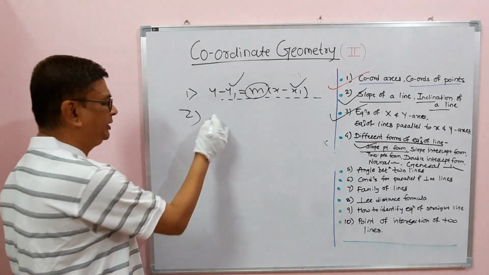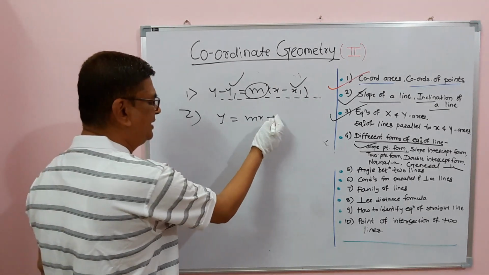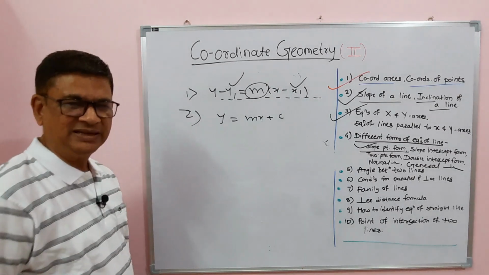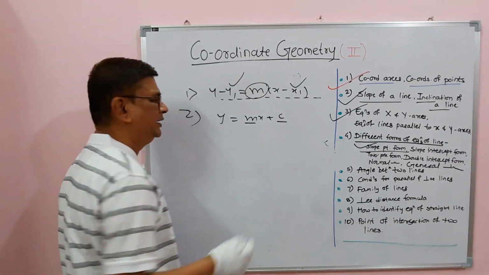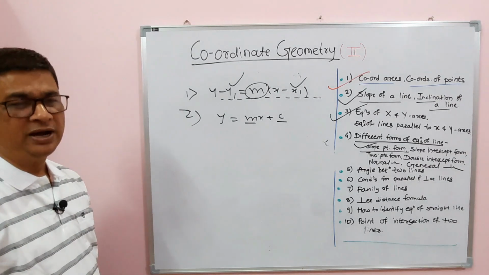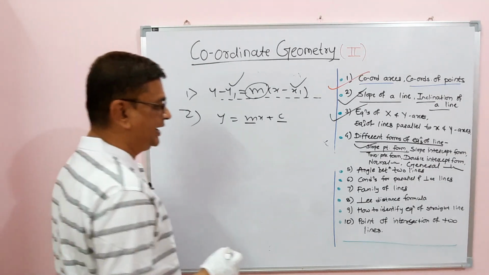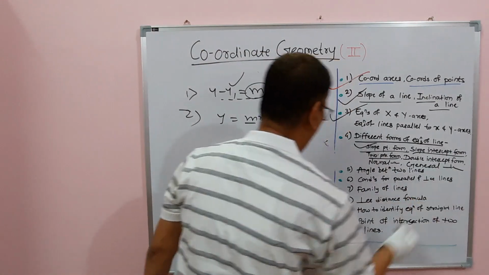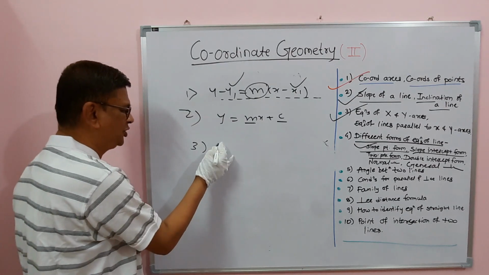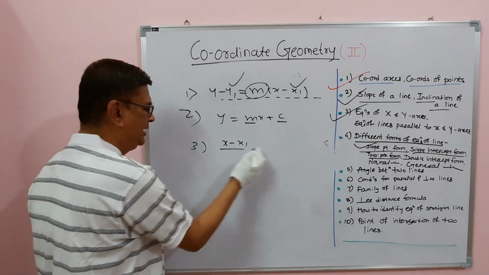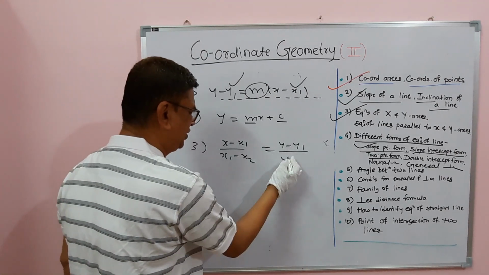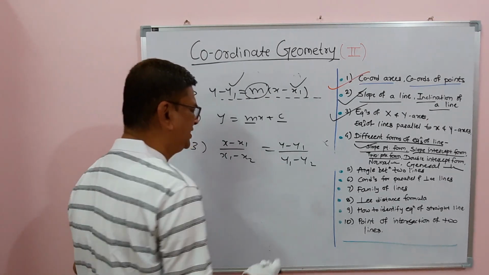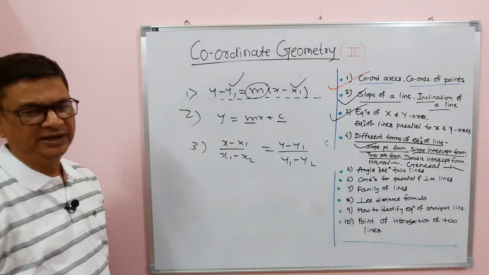Next is called slope intercept form, which is given by y equal to mx plus c, where m is the slope while c is the y intercept of the line. The next is the 2 points form. The 2 points form of the equation of a line is given by (x minus x1) upon (x1 minus x2) equal to (y minus y1) upon (y1 minus y2).